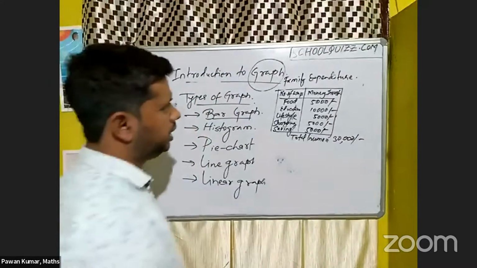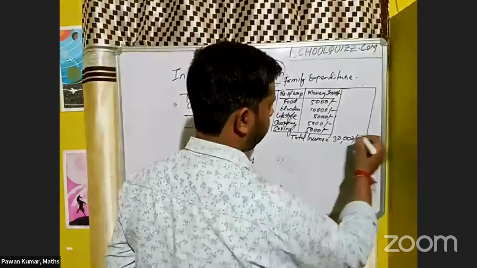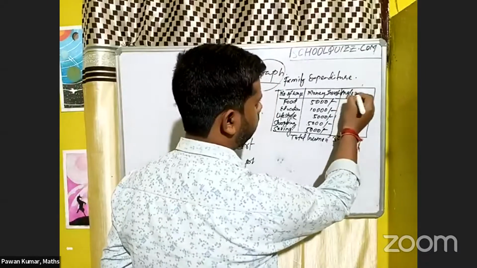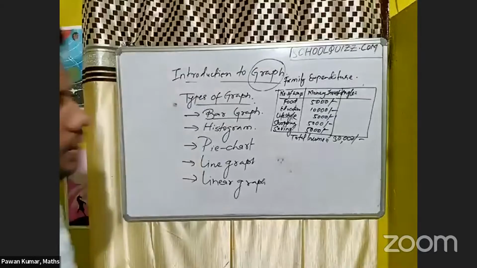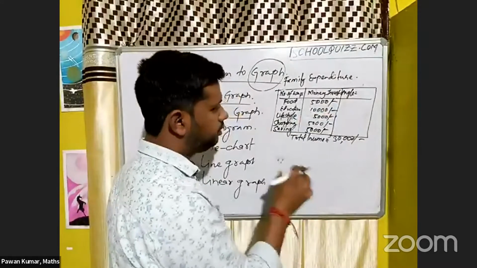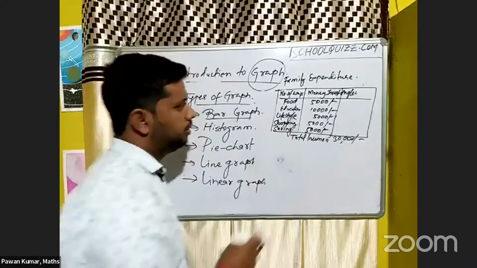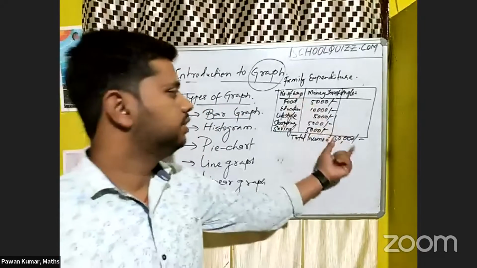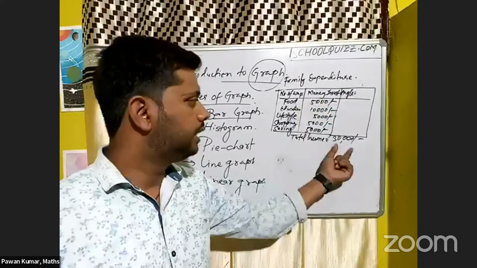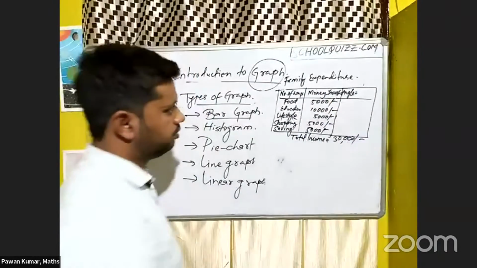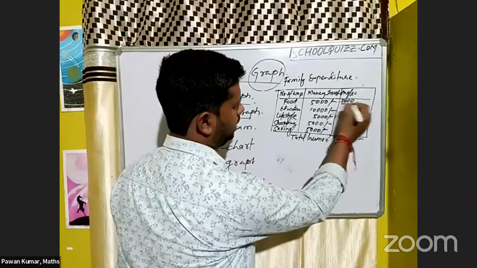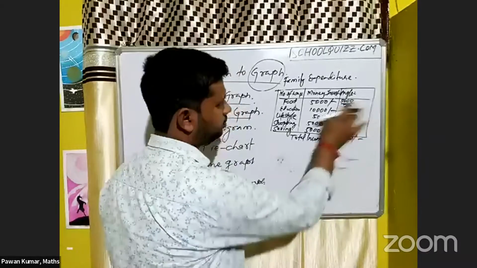So I need to add one more column where I can represent the angle. So what is the angle of these things? Whatever money they invested out of the total, suppose they invested 5,000 out of 30,000, so what is the fractional value? 5,000 by 30,000.